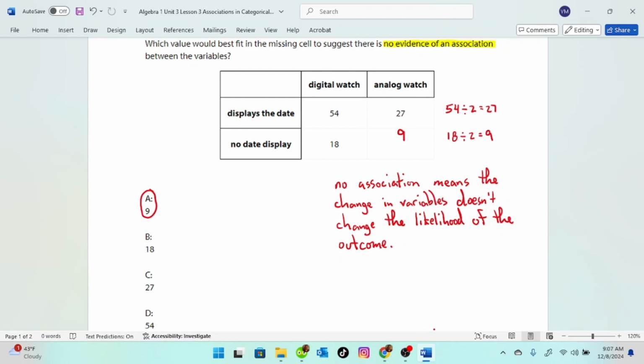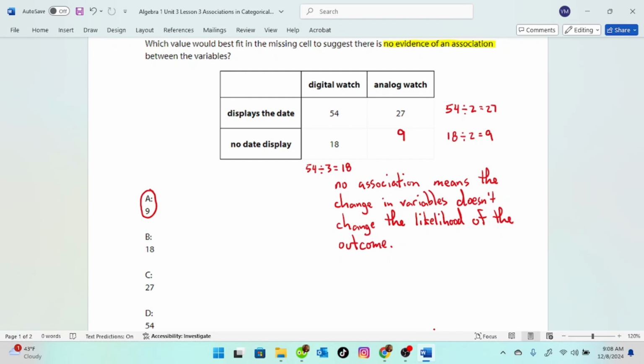You can also look at this when we flip which categories we're looking at. I can see that digital watches are 3 times more likely to display the date than not display the date. So 54 divided by 3 equals 18.